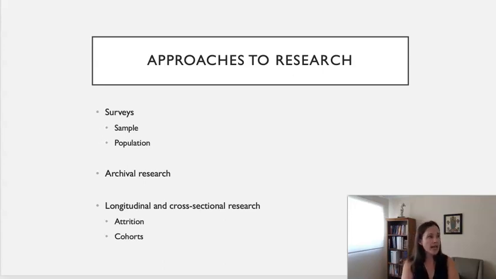There's one at Harvard that a guy named Waldinger is the current director of. It started back in, when did it start? 1930s? It's been going on almost 100 years. That's going to be a longitudinal study. You look at one group multiple times.